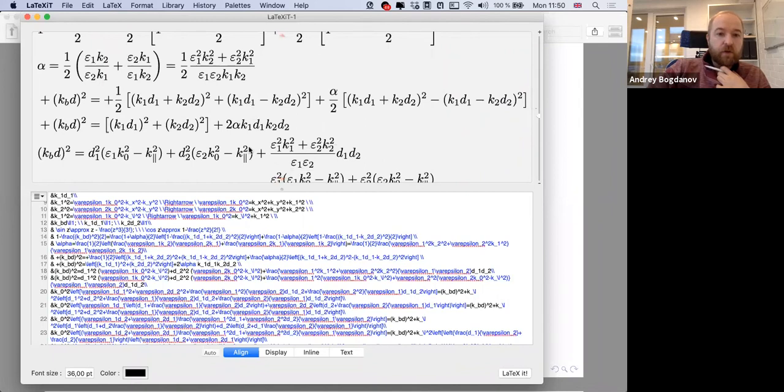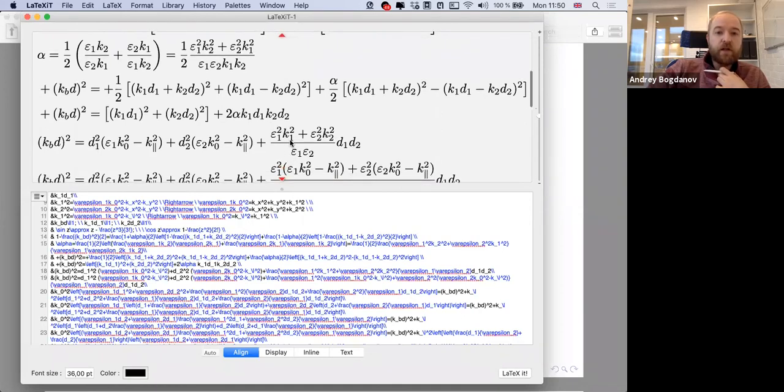let me have a look at this expression. So here I wrote K1 T1. So in the numerator I still have epsilon 1 epsilon 2, yeah. But here the difference, I should write K2 instead of K1 and here K1 instead of K2.